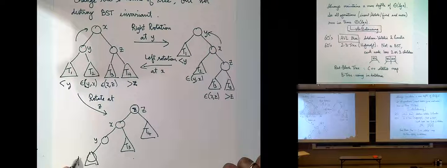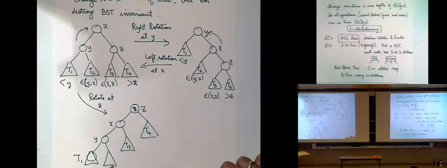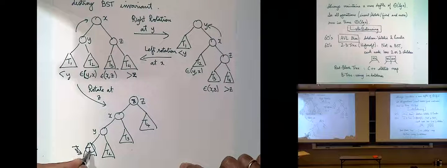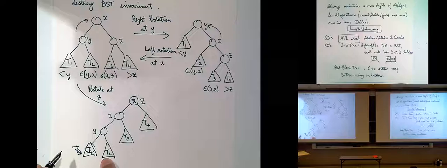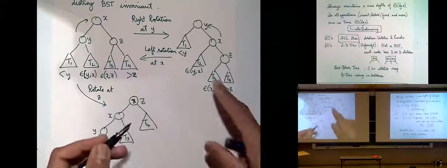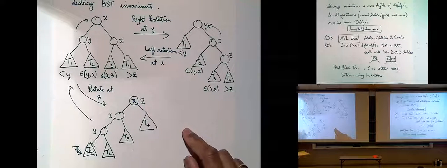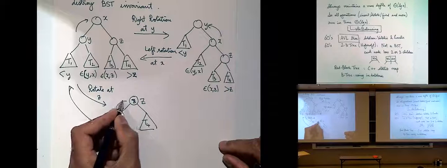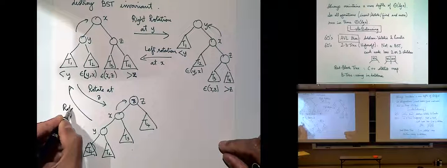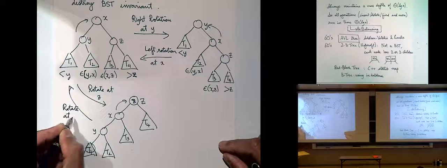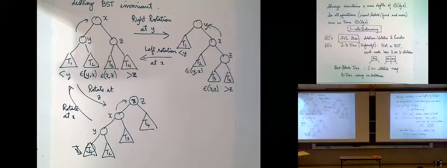Sorry, and then you have T1 and T2, right? So always note that T1, T2, T3, T4 will appear in order because they have to. And it's just X, Y, and Z that are going to change their positions. And again, you could rotate back from here if you rotate at X. Okay? So this is a rotation.